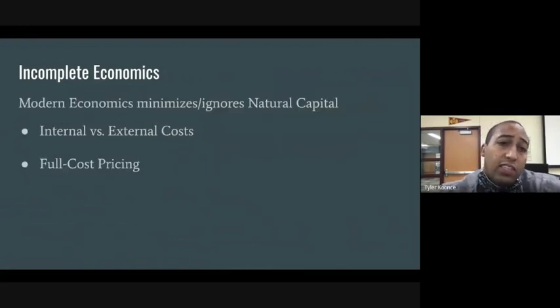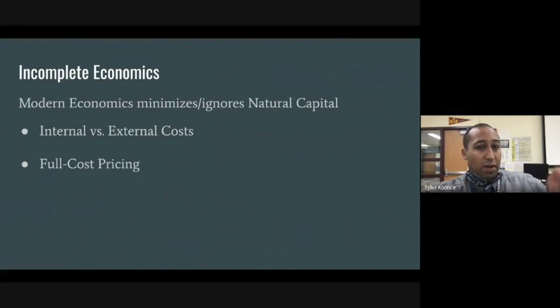And then last but not least, we have incomplete economics. With our modern economics, and this being an ecology class, economics plays a big part in it. But with the way that we live now, it's more about minimizing or ignoring that natural capital, essentially because it's easier to not have to worry about that.